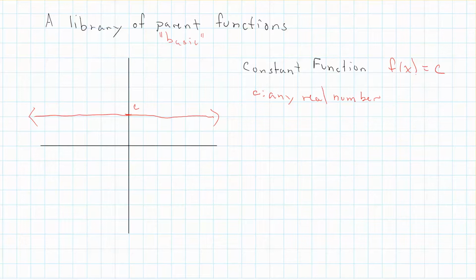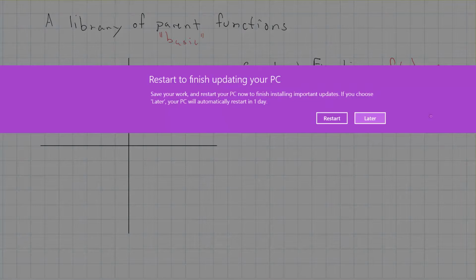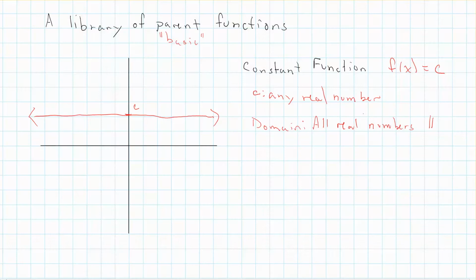And then, well, what else do we want to know about this? Well, we're going to want to know domain and range. So domain, this is all real numbers, which I'm going to start abbreviating later. I'm going to start abbreviating with a capital R here.